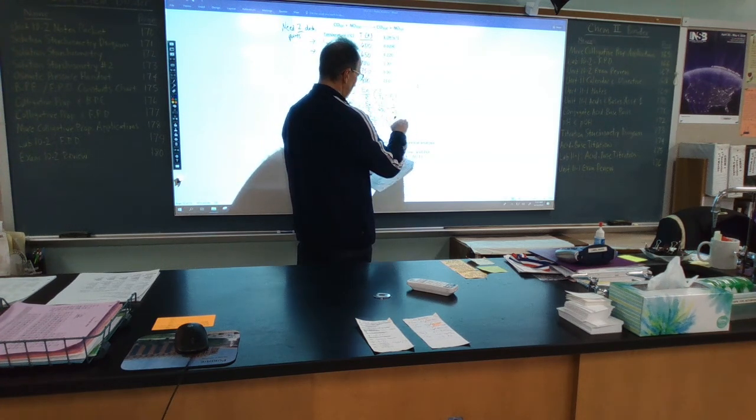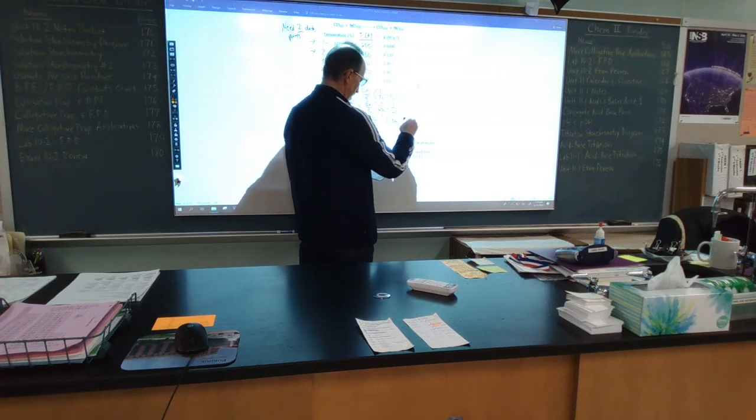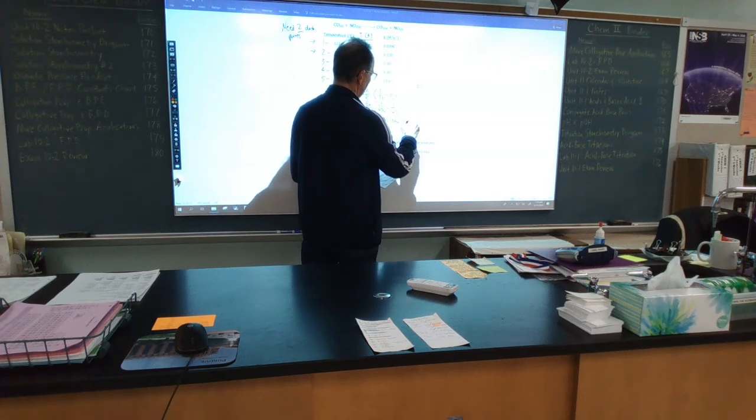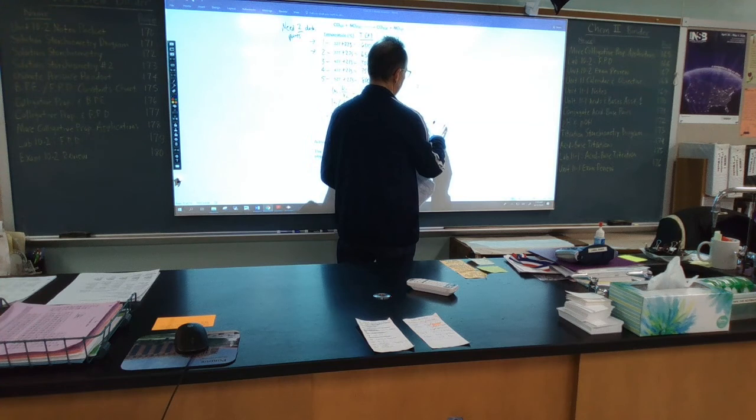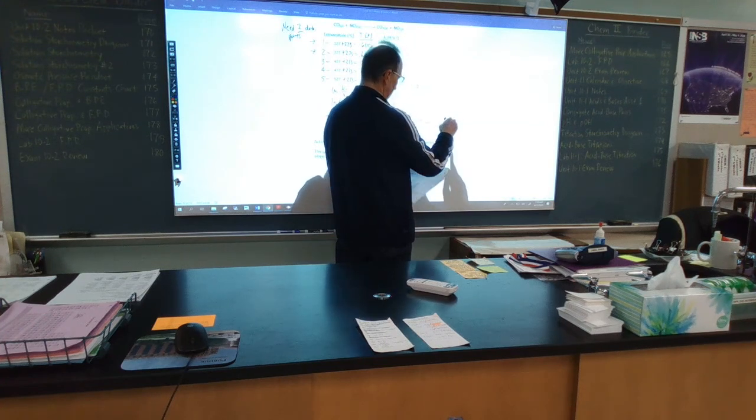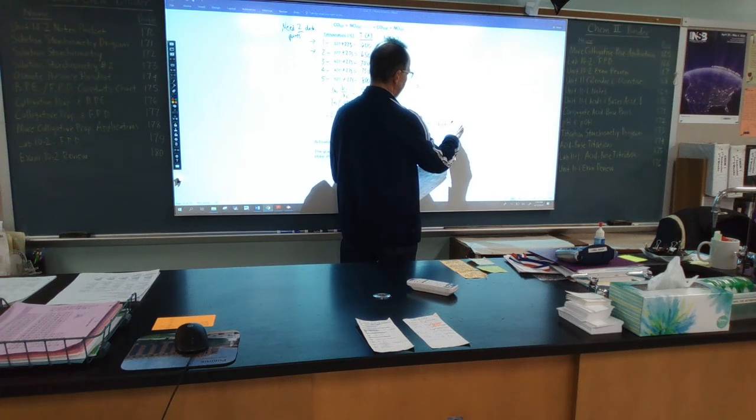R is 8.31, and 1 over 650 is 1.538461538 times 10 to the minus third, minus 1 over 600, which is 1.66 repeating times 10 to the minus third.